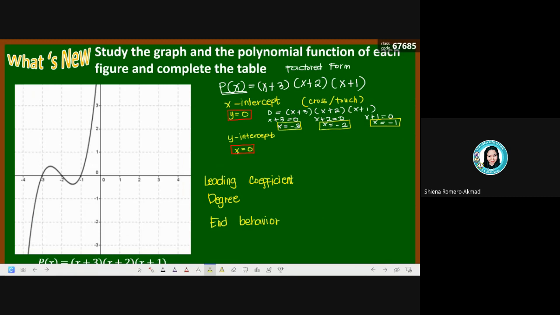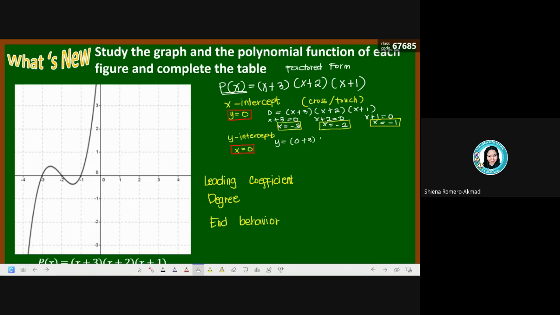Okay. Next, y-intercept. So y-intercept naman is x equals 0. So if you have here p of x, so p of x natin will be y. So y equals x plus 3. So that's 0. 0 plus 3.